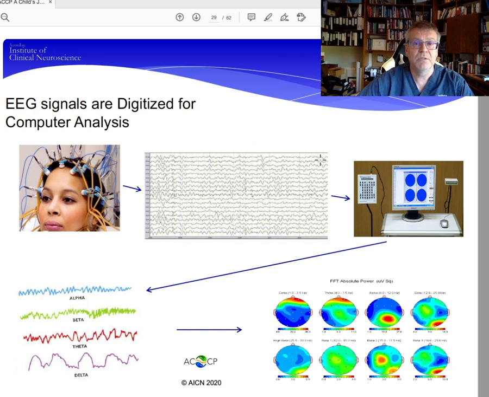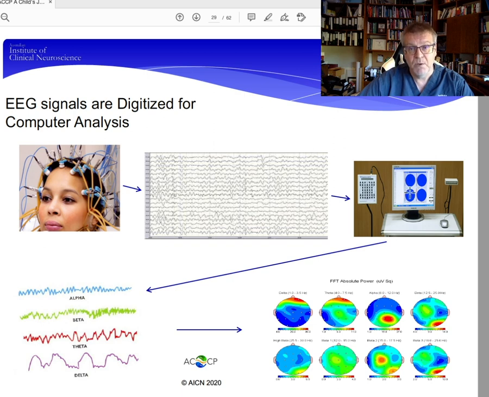Now, this is a diagram just showing the flow. So we have the initial EEG activity being measured from electrodes on the scalp. That goes through the amplifier and forms this complex waveform.